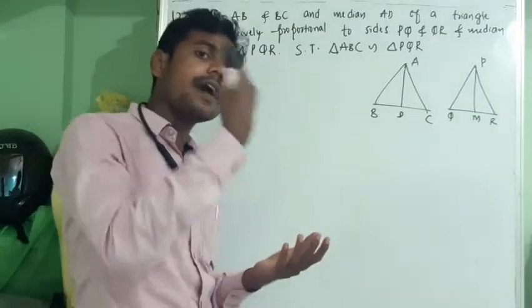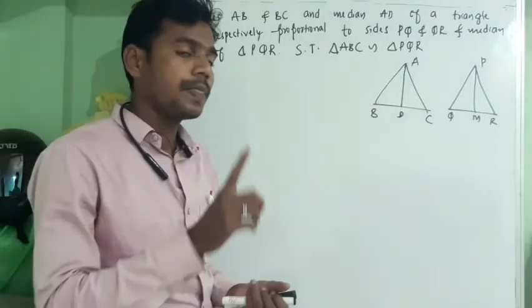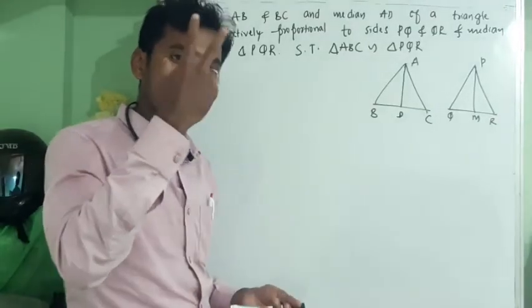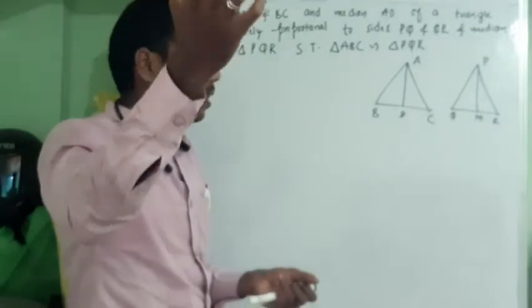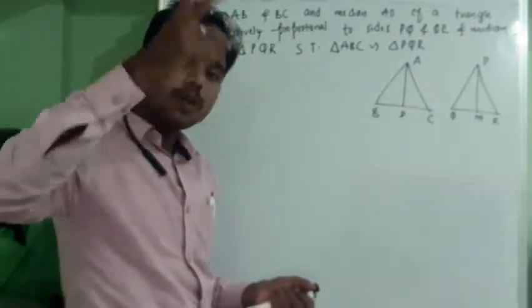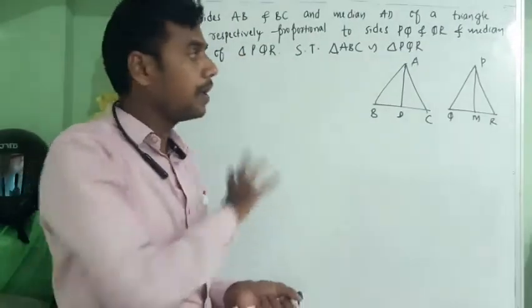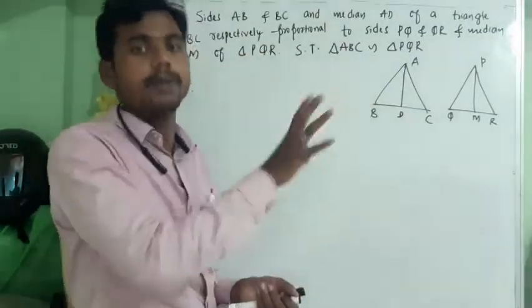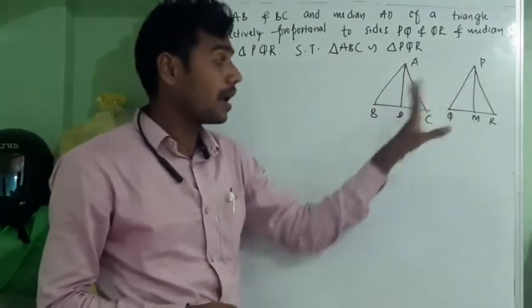Either all the three angles should be equal, or any two angles should be equal, or one angle and included sides of that particular triangle should be proportional to the corresponding angle and included sides of the other triangle, then those triangles will be similar. So we make use of the possible similarity criteria, then we need to show triangle ABC is similar to triangle PQR. So first we'll write down what is given to us.